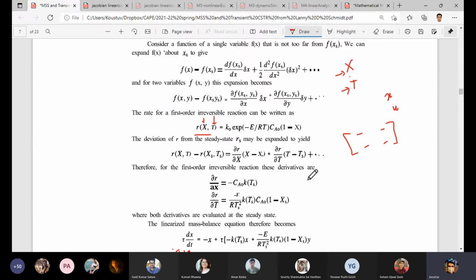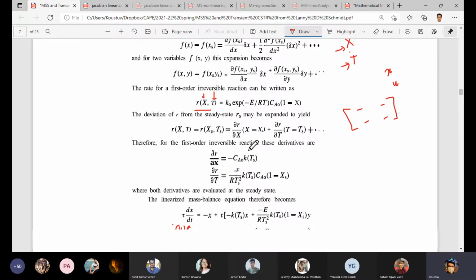If it is a real negative value, then the deviation variable will decrease with respect to time. That means the steady state point based on which you have linearized the equation, or done that deviation variable analysis, will be called a stable steady state point.